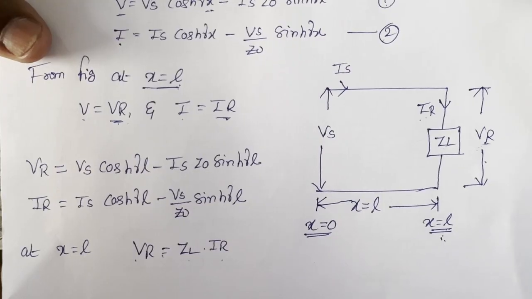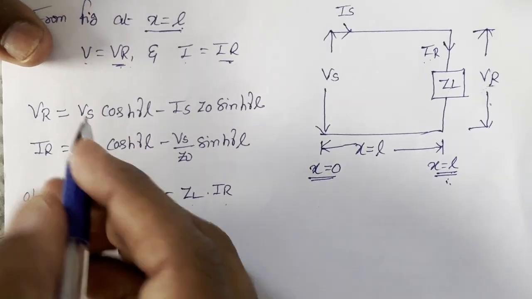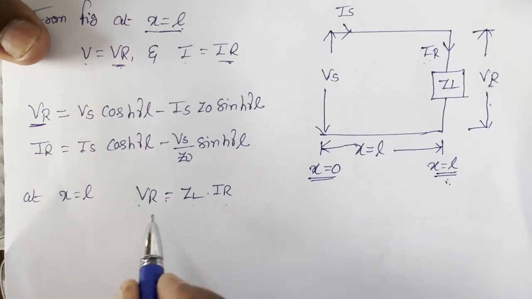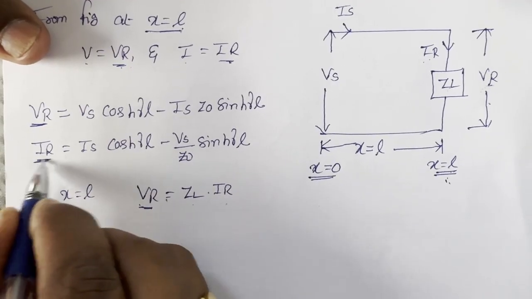Now I am substituting this Vr value and this IR value.